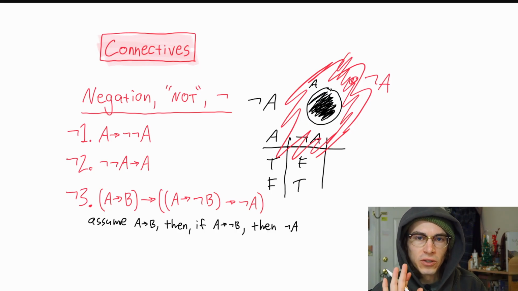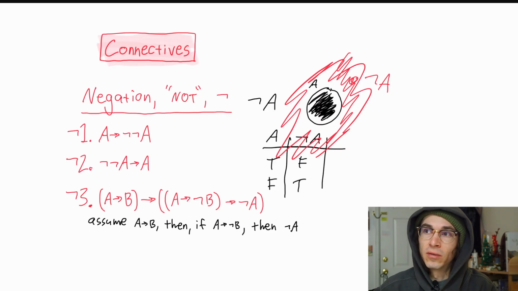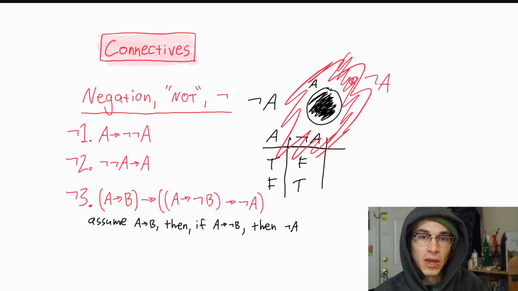So if we assume that A is true, and we have that A implies something called B, and we also have that A implies some other thing that happens to be the exact opposite of B, then we can conclude that A is false.